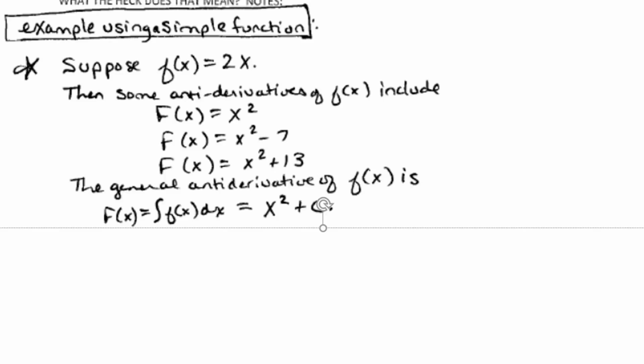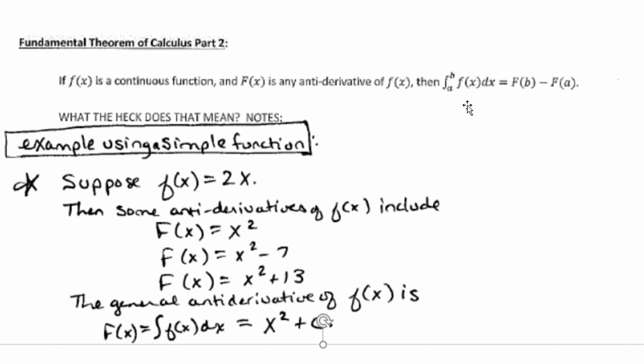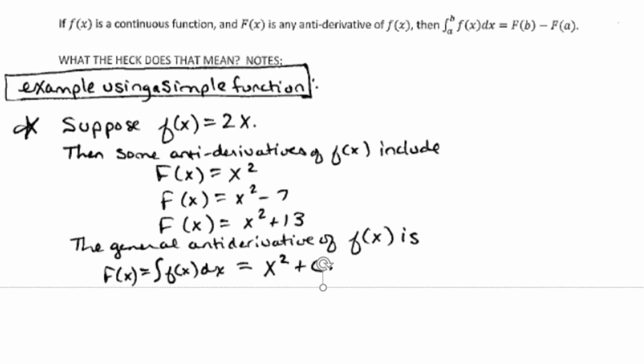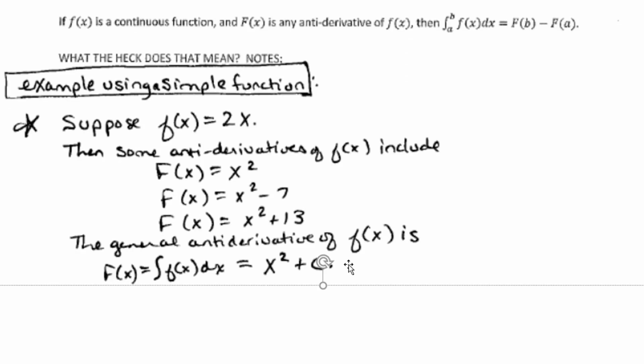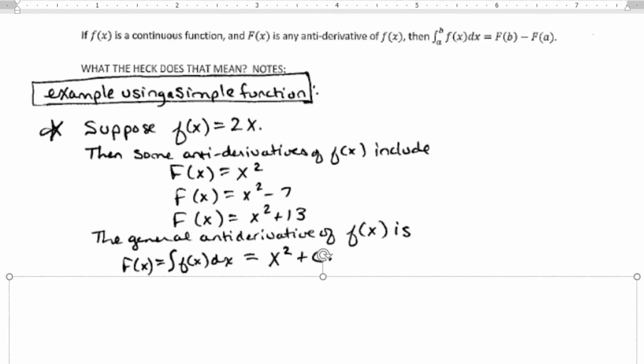So the fundamental theorem of calculus is telling us that if we want to find the definite integral of 2x, then we first need to understand what its general antiderivative is, which is x squared plus c, and then we need to evaluate that general antiderivative at x equals b and at x equals a and subtract.